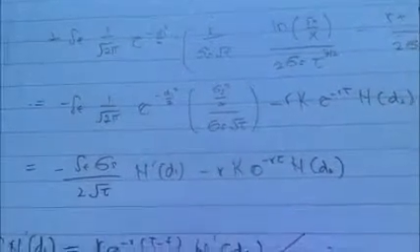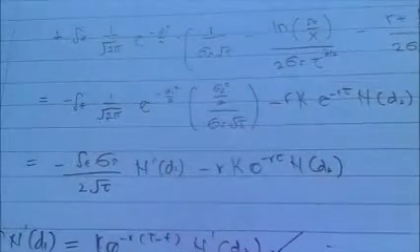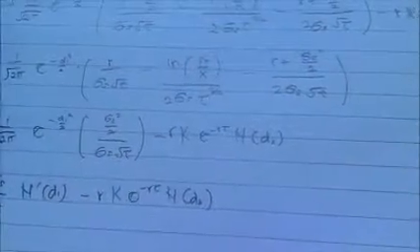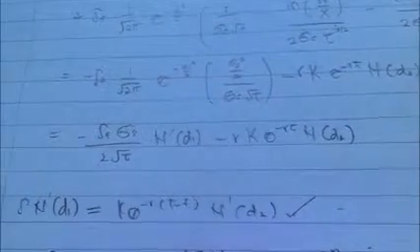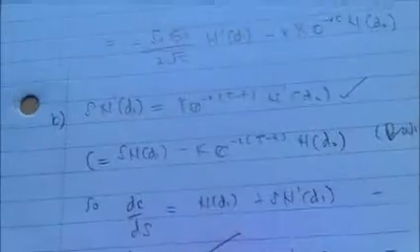Equal negative S_t 1 over root 2 pi exponential negative d1 squared over 2 open bracket sigma squared over 2 sigma root tau close bracket, negative r K e to the negative r tau N(d2), equal negative S_t sigma divided by 2 root tau N prime d1 minus r K e to the negative r tau N(d2). So we can conclude this is the solution for question D. Alright, this is for question E, show that dc over dS equals N(d1). This is the solution for question E.